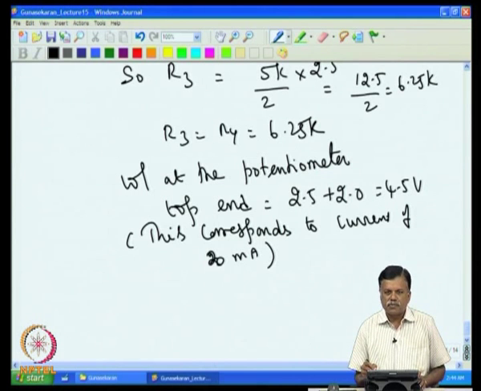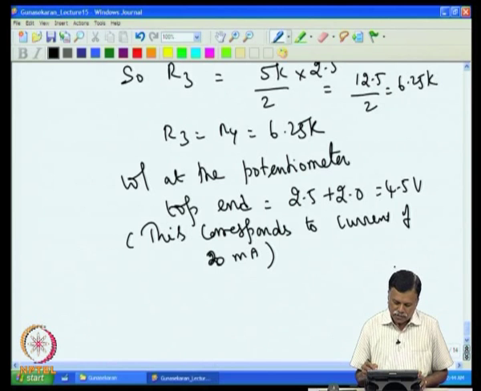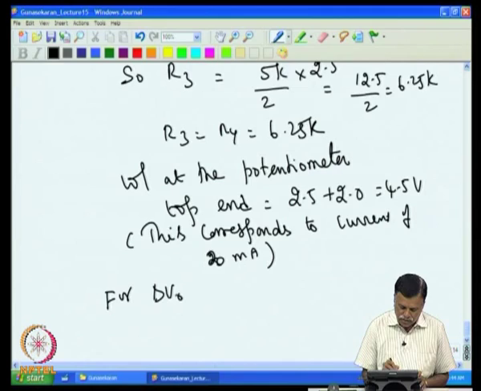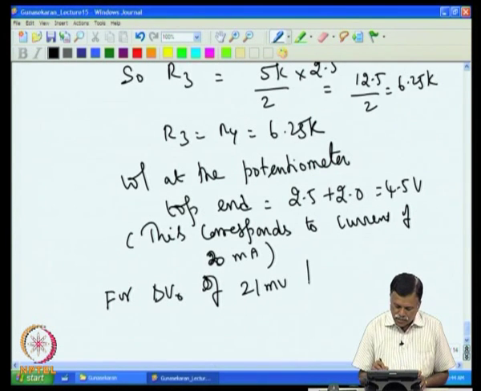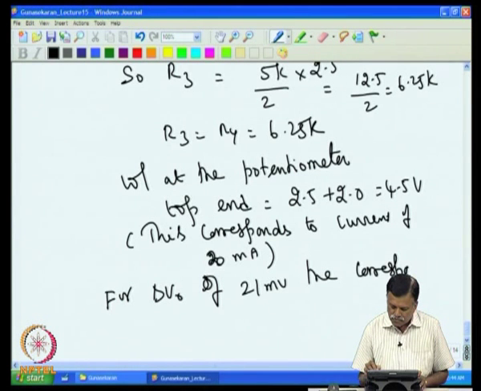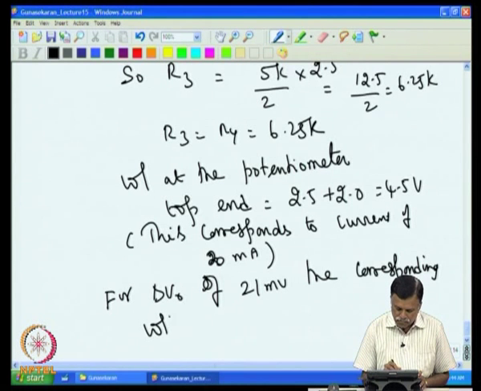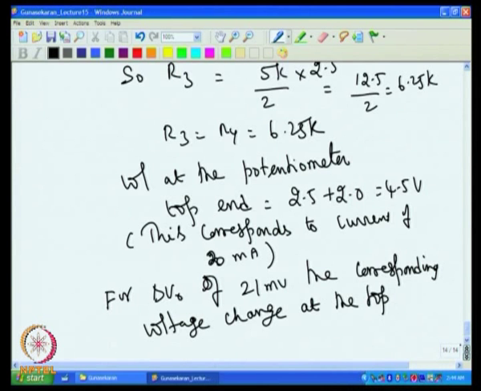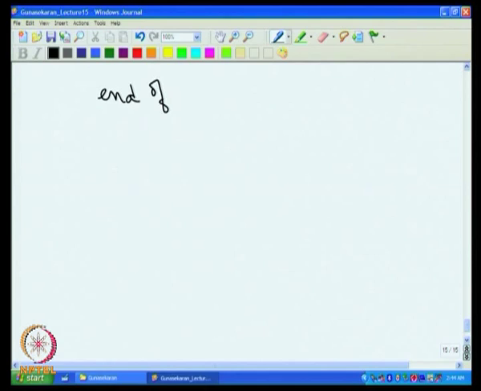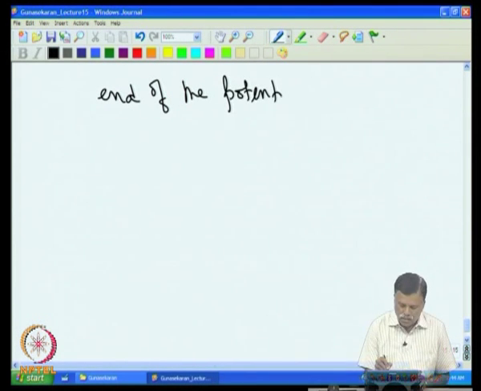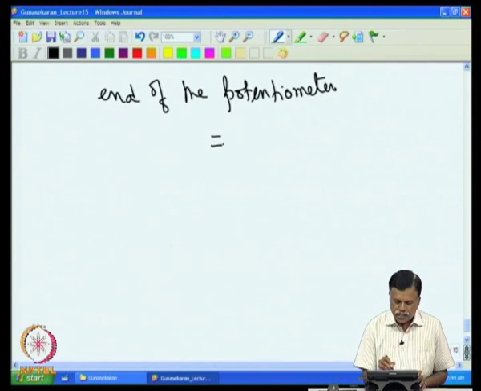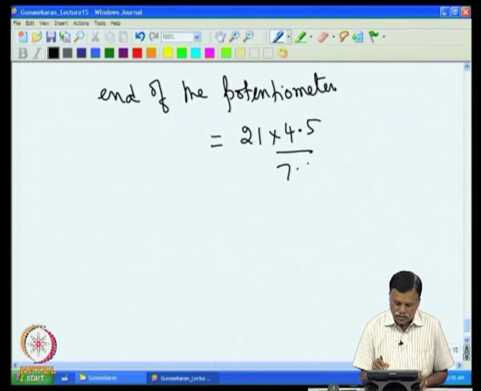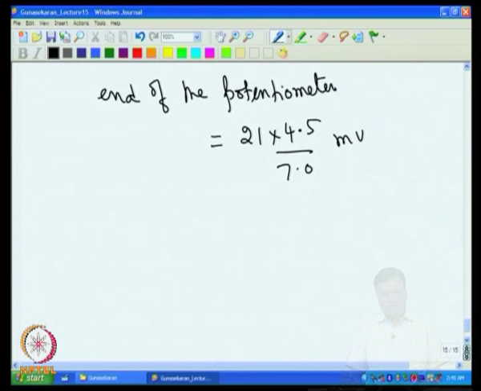Now, if the 7 volt supply voltage changes by 21 millivolt, then what is the voltage change at the potentiometer top end? For delta V naught of 21 millivolt, the corresponding change at the top end of the potentiometer will be 21 into 4.5 divided by 7, because there is a 21 millivolt change at the regulated output voltage.